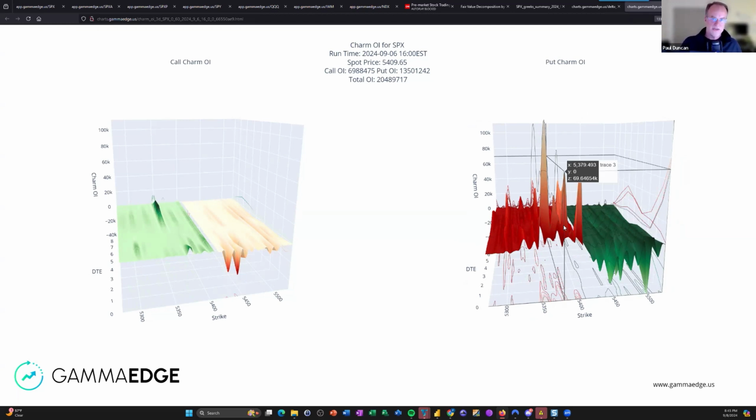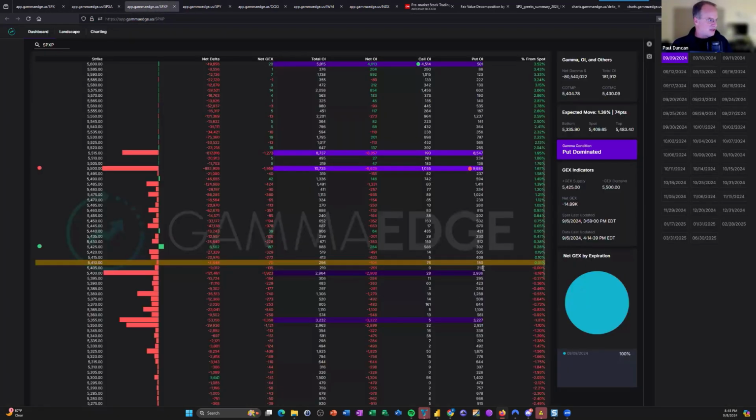When we have puts underneath us, when the market has gone down or has gone up even, and there's a whole bunch, technical term, whole bunch of puts below us, they're supportive to deltas. Because as they decay, they're getting less negative, more positive. And that basically adds deltas to our book.